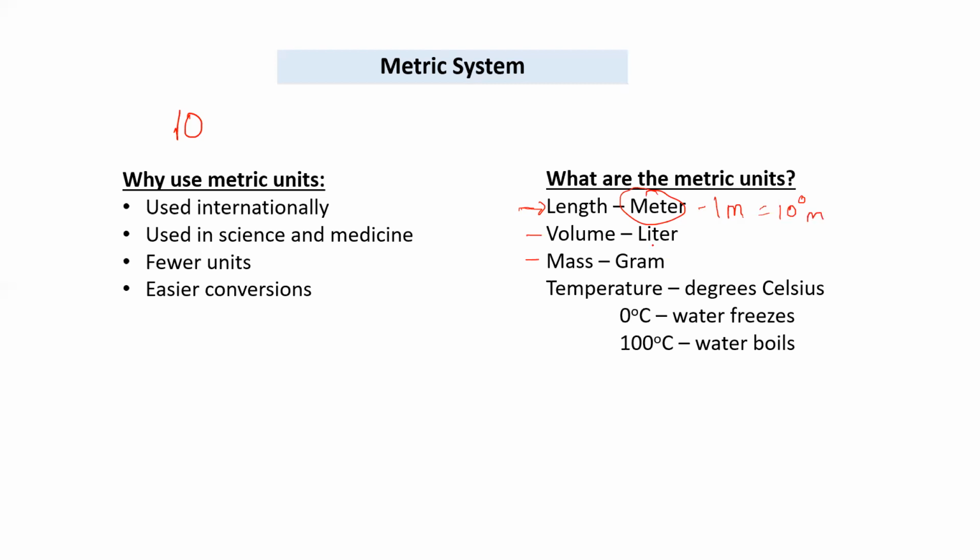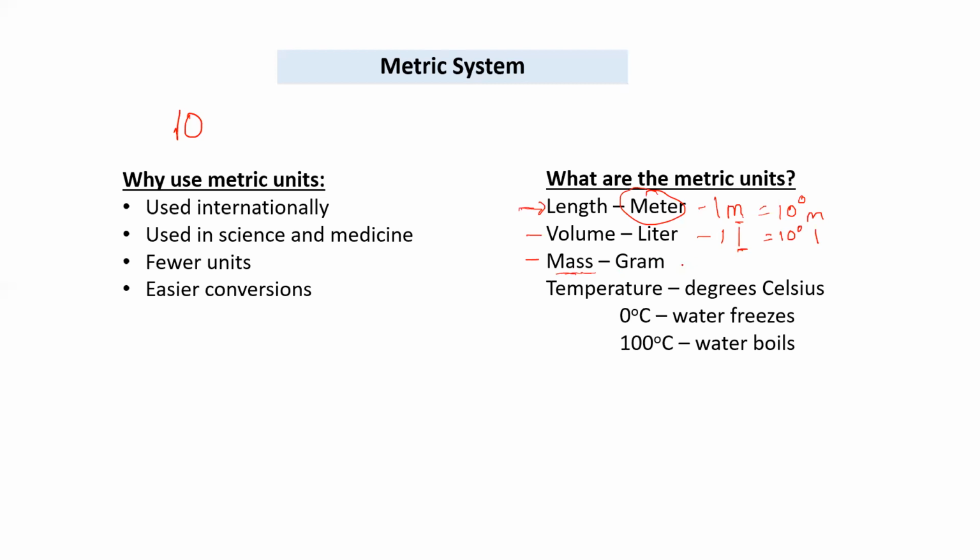Now, volume, what fills a container, whether it's solid or liquid, it's still volume, is in liters. And usually that's like 1 liter. Here's your base unit. So that equals 10 to the 0 liters. Everybody get it? Now, we say mass instead of weight because mass takes gravity out of the equation.